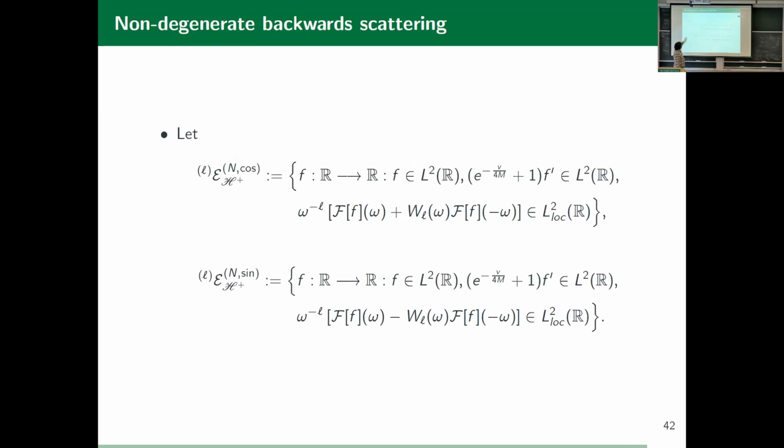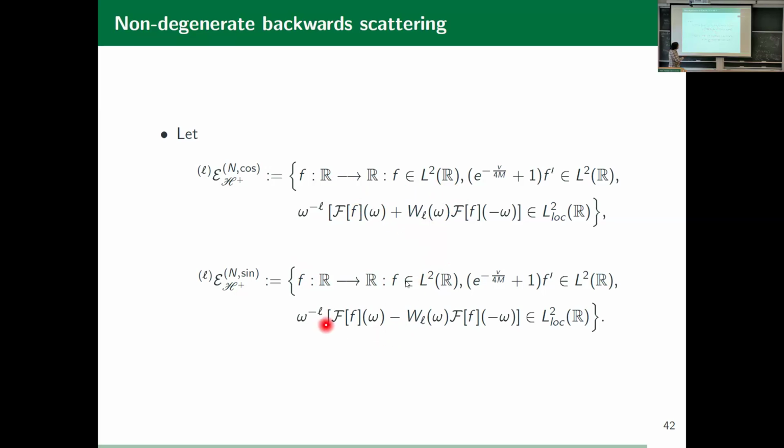So then I define two spaces, EH plus N cosine, EH plus N sine, which are defined to be spaces of functions which are of finite energy, regular at the bifurcation sphere, and respect this restriction. So this is the space of radiation fields at H plus that come from evolution from H1 and 0.